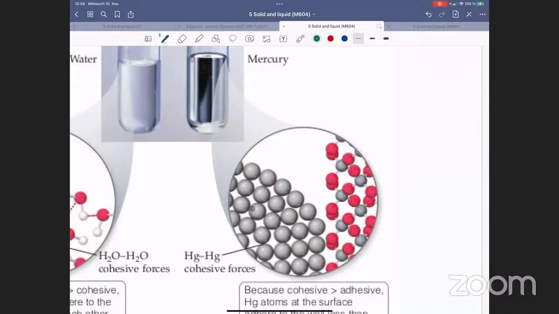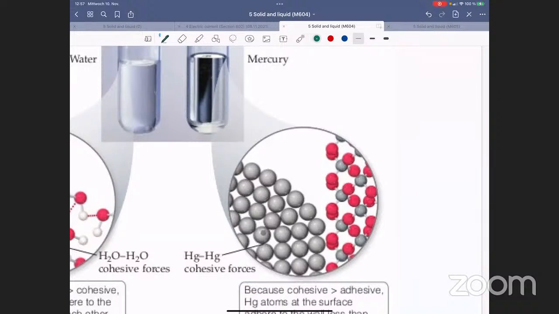What we can see here is that the attractive force among several molecules of mercury is stronger than the adhesive force, the attractive force between mercury and the glass. Because mercury has dense molecules, its cohesive force is very strong.